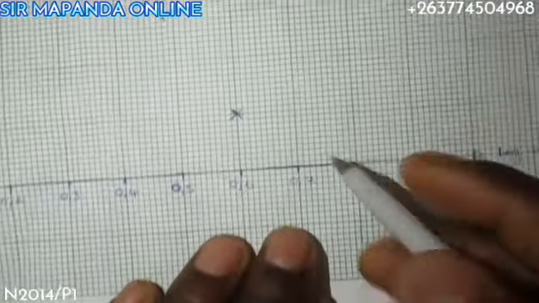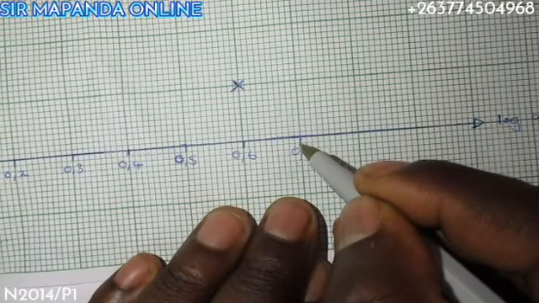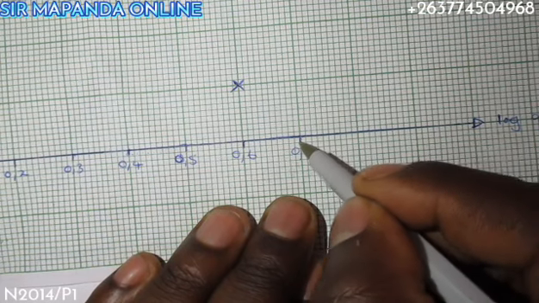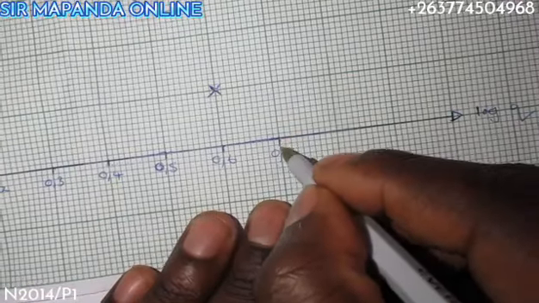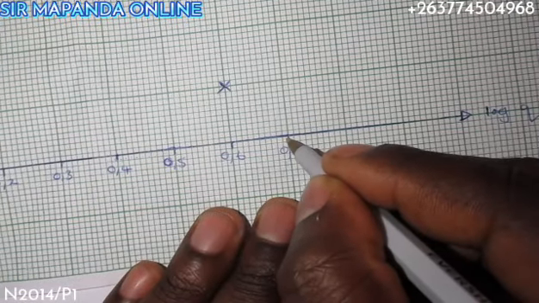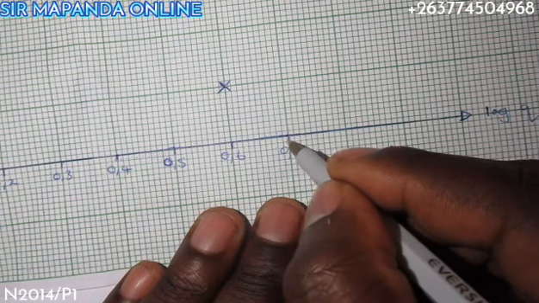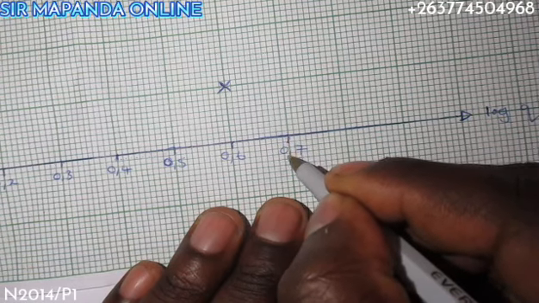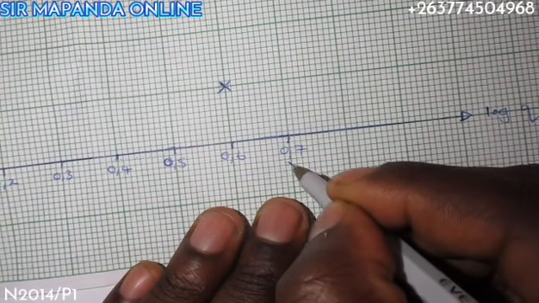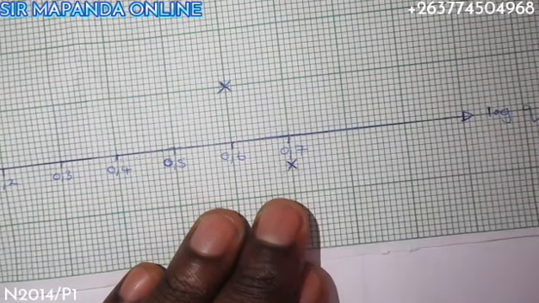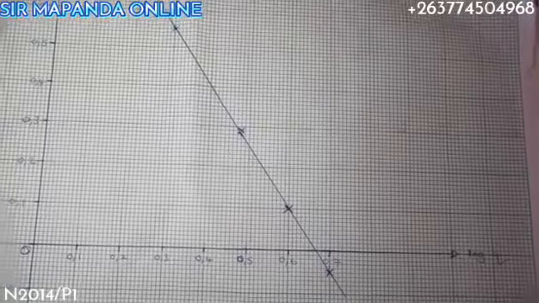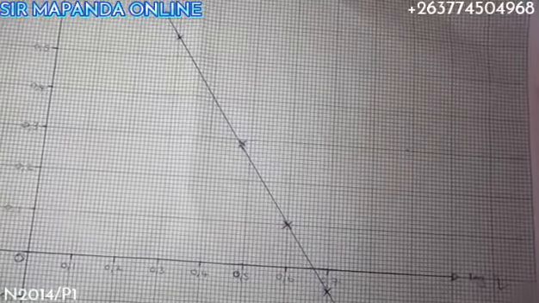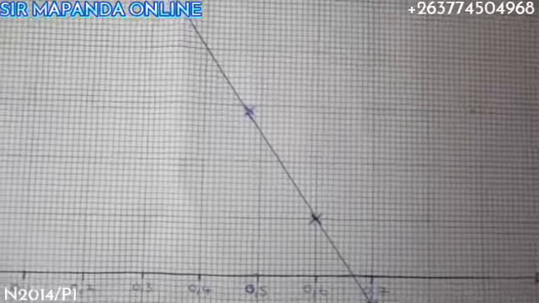So 0.7 is there, but minus 0.05 is below the x-axis, which is our log Q. So 5 boxes below 0. So you are saying 1, 2, 3, 4, 5, and this is your point here, right? So you take your ruler and connect all those 4 points. So this is the outcome of the graph, how it is supposed to come out, right?